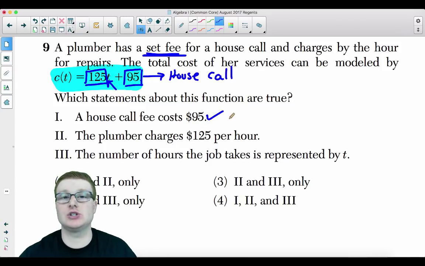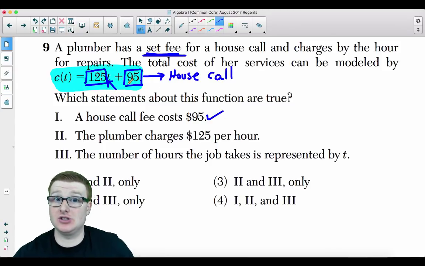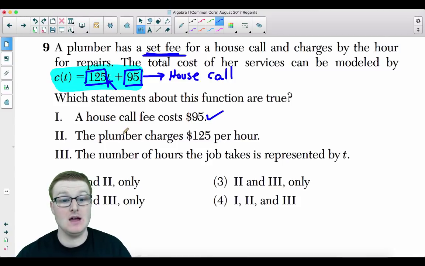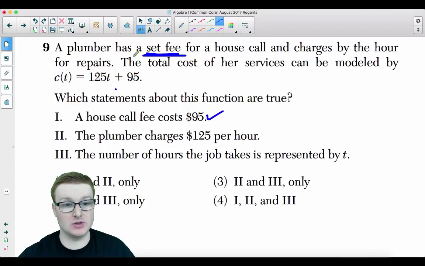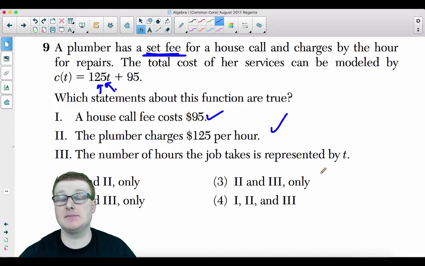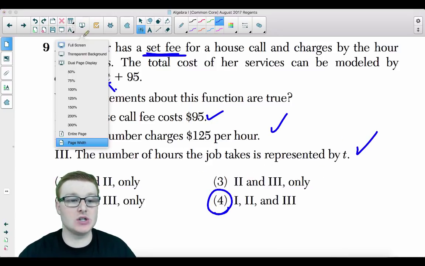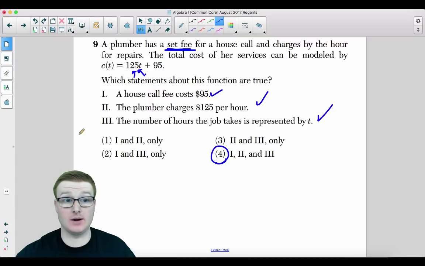That is absolutely true. She comes to the house, enters the door, $95 in her pocket. The plumber charges $125 an hour. Yes, that is true, because it says it right there, 125, and the t is per hour, so that's true. The number of hours the job takes is represented by the letter t. That is true. So all of these answers are correct. Your answer is choice 4.